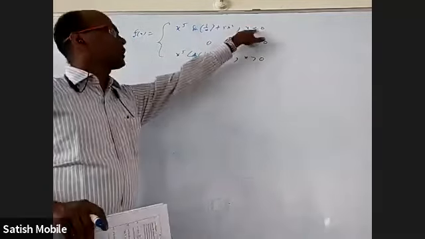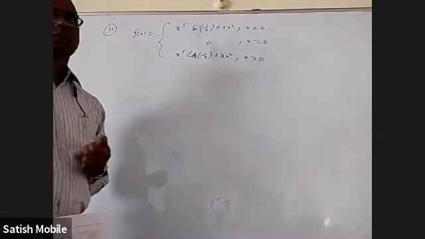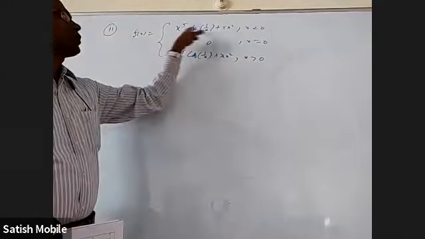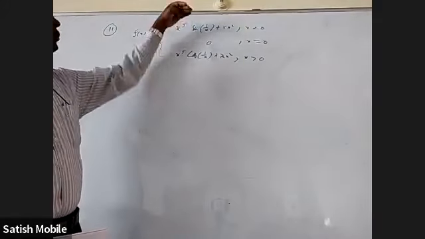Here, can I put equality here? Can I remove this and put equality here? No, at 0 it is not defined, right? So at 0 the definition is different, before 0 the definition is different.